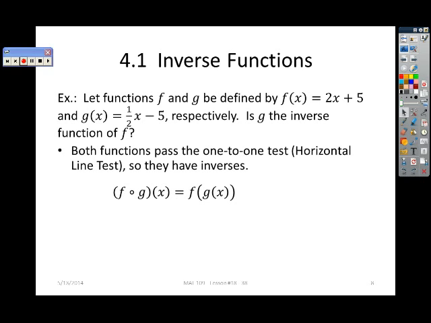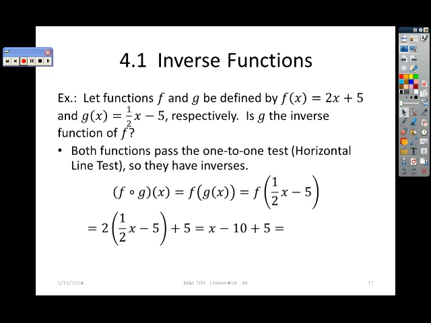So let's take g of x and plug it in there. g of x is 1/2 x minus 5, and I need it to be true at every x, so I plug it in as the expression, not as a number. I plug the expression into f. If I plug that expression into f, what that means is I'm putting 1/2 x minus 5 right there, which means I'm doing this.